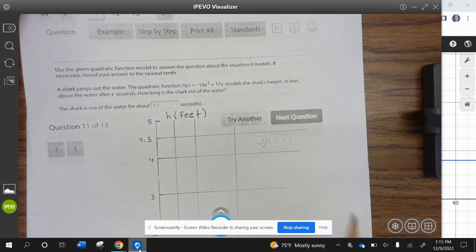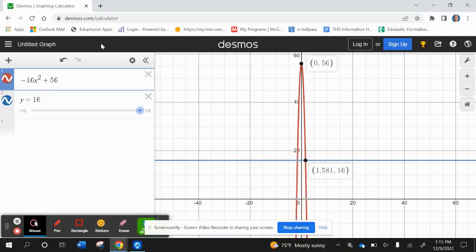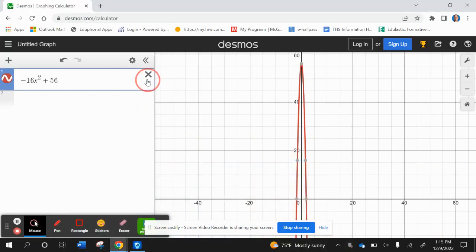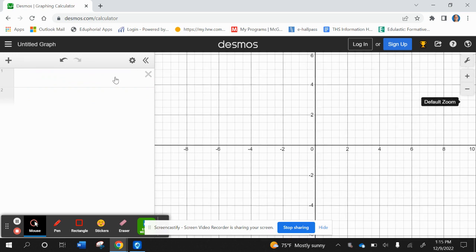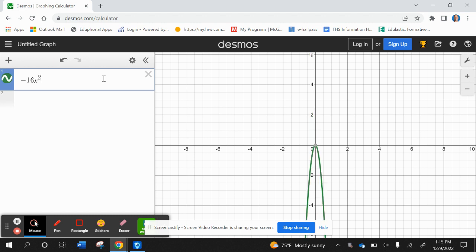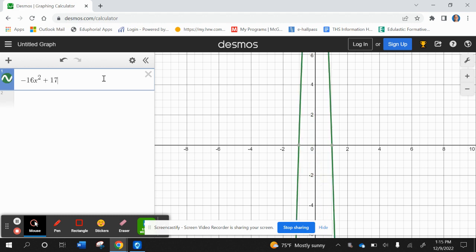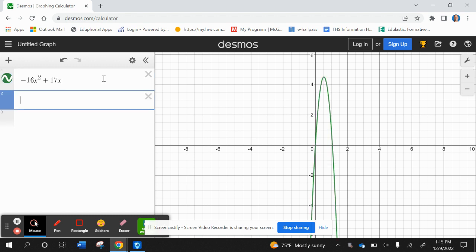Okay, so we're going to go ahead and graph that function. Exit out here, and then you're going to press home. All right, and then we're going to graph negative 16x squared plus 17x. Okay, and the water is y equals 0.